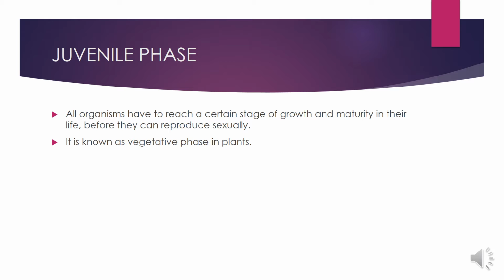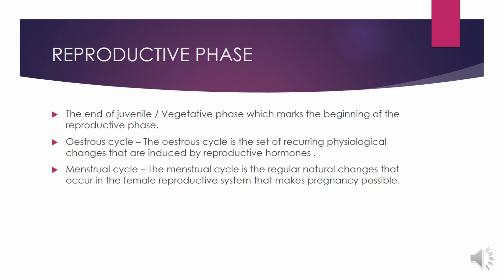All organisms have to reach a certain stage of growth and maturity in their life before they can reproduce sexually. In plants, this phase is also called the vegetative phase. This phase is of variable duration in different organisms.